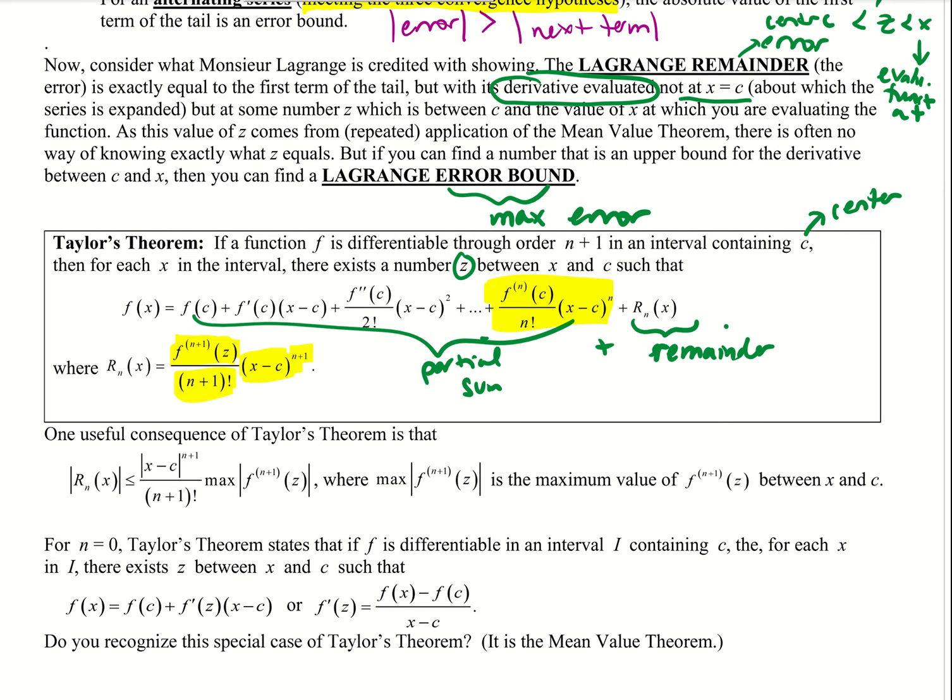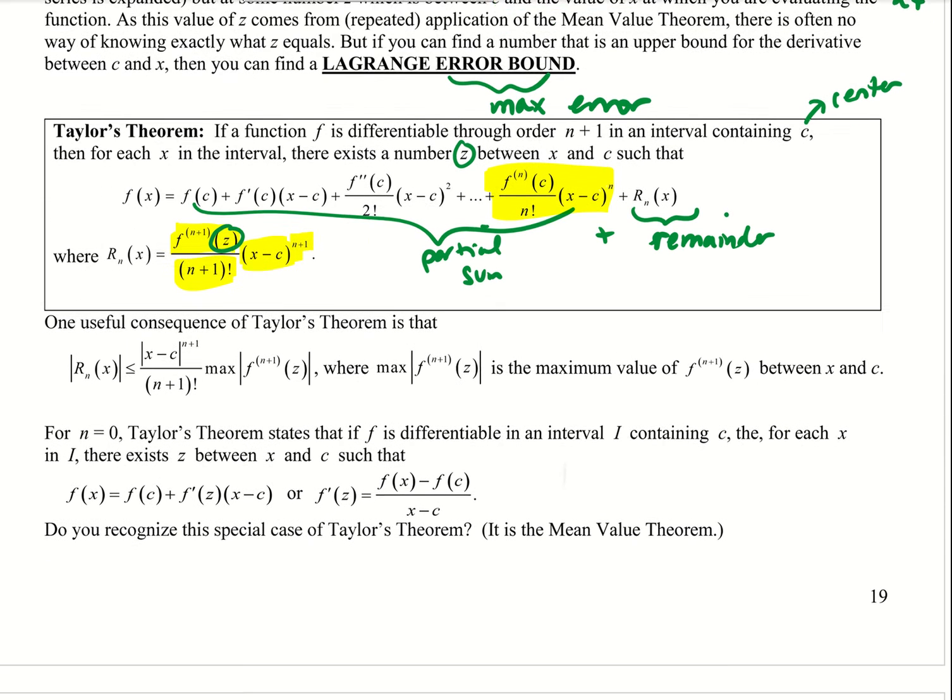Now, again, what we're doing is we're not just finding our derivative at the center, we're finding it at some other point z. And specifically, we're going to look for where we're going to be able to have this maximum for the derivative. Now you might notice that we have all these absolute value bars in this next part.